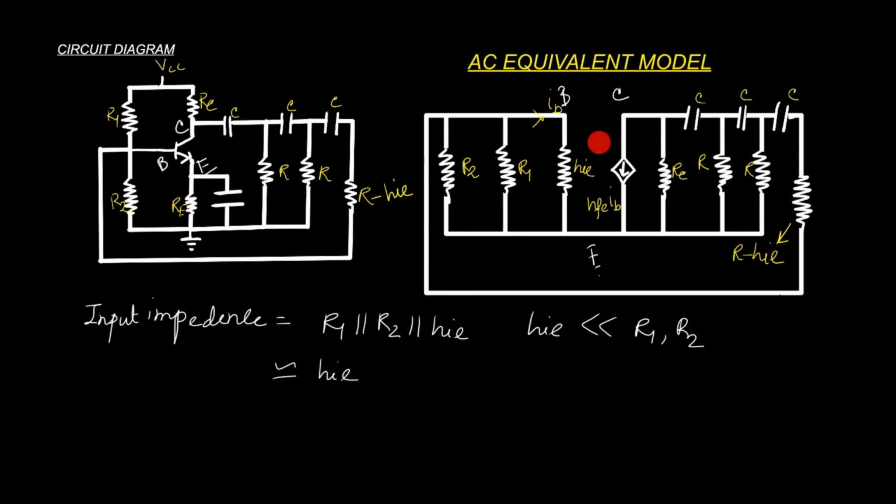So here you can see that hie and hfe Ib, the current source, are taken from the internal structure of the BJT. Now calculate the input impedance. We get the input impedance equal to R1 parallel R2 parallel hie. Here hie is very small compared to R1 and R2, so we can approximately write it as hie.